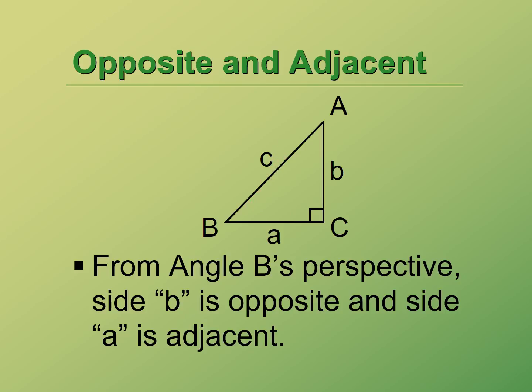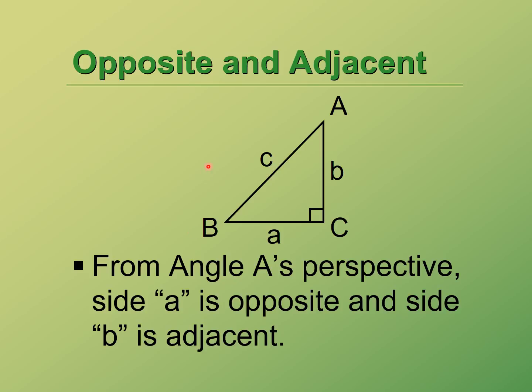The answer is no, because side c is the hypotenuse. So when you're talking about ratios, you're never going to use the hypotenuse as the adjacent value. It's always going to be the adjacent side that is not the hypotenuse. So a would be adjacent to B, and side b would be opposite angle B.